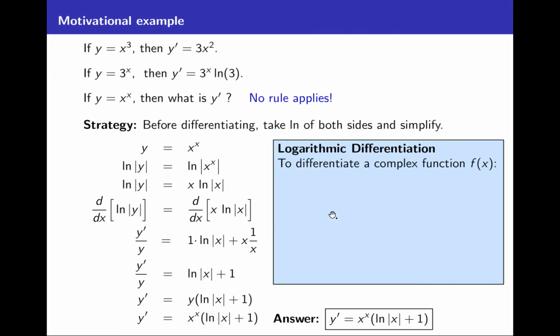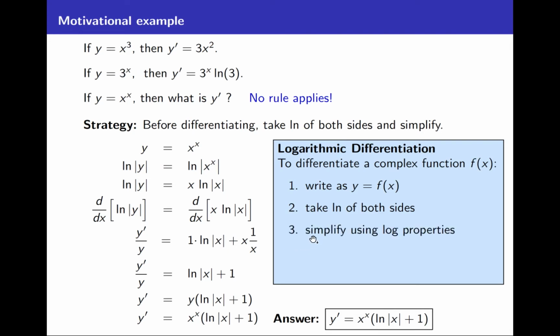To differentiate a complicated function f of x, like this f of x equals x to the power of x, first of all, write the problem as y equals f of x, as we did here. Secondly, take ln of both sides, or more precisely, ln of the absolute value of both sides.